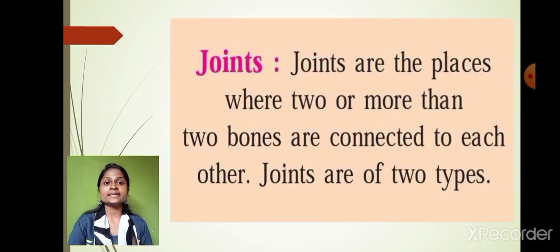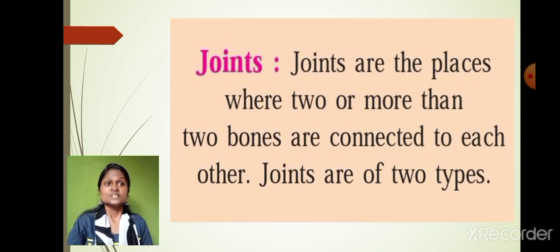So you know that in the last lecture we have learned that there are different types of bones present inside our body. In an adult there are 206 bones, and in a child there are a total of 300 bones. All these bones are connected by something.